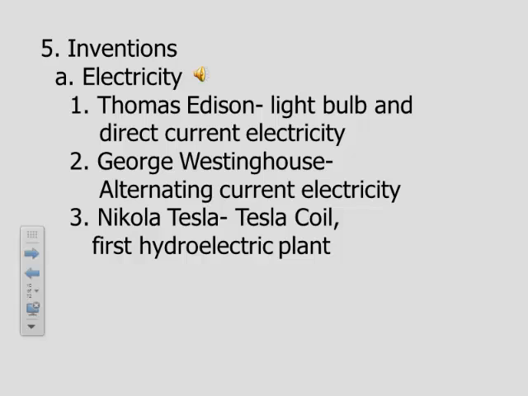George Westinghouse came up with alternating current electricity, in which electricity could travel a certain distance. And then Nikola Tesla invented the Tesla coil and the first hydroelectric plant. And all of these things together provided power, which led to greater efficiency and production once it was moved into different areas.